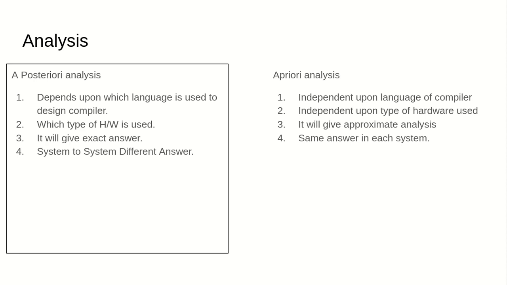It gives an exact answer, and the answer differs from system to system. A priori analysis is independent of the language of the compiler and independent of the type of hardware used. It gives an approximate analysis and the same answer on each system.